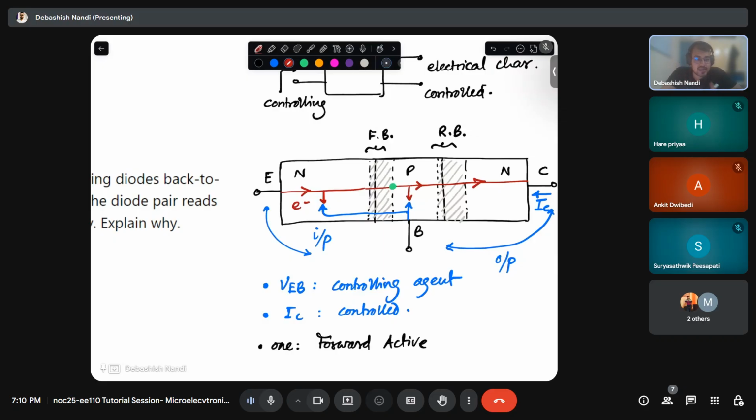So what is an electron in the p-type base? Is it majority or minority? Minority. So how will that minority carrier move in the p-type region?